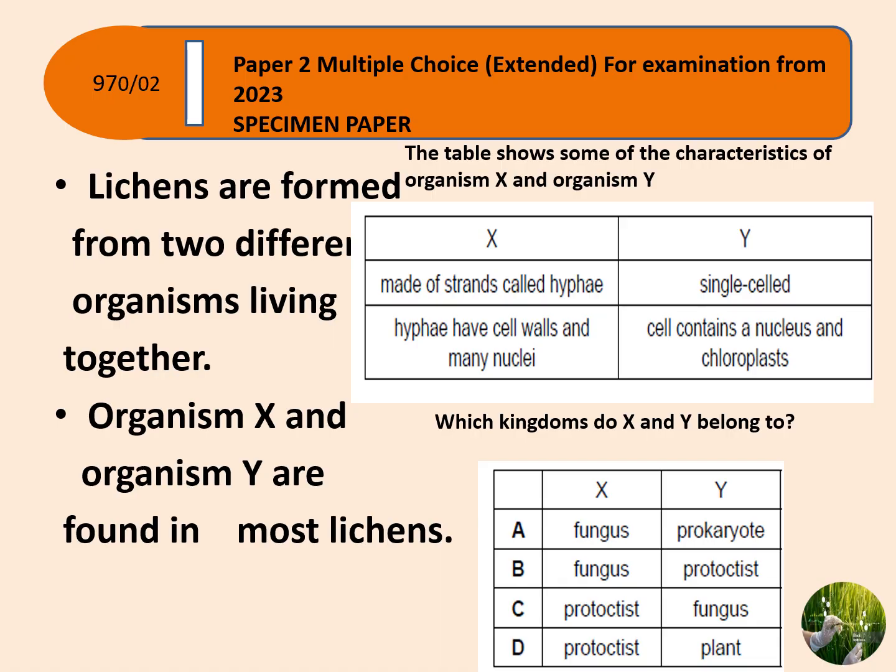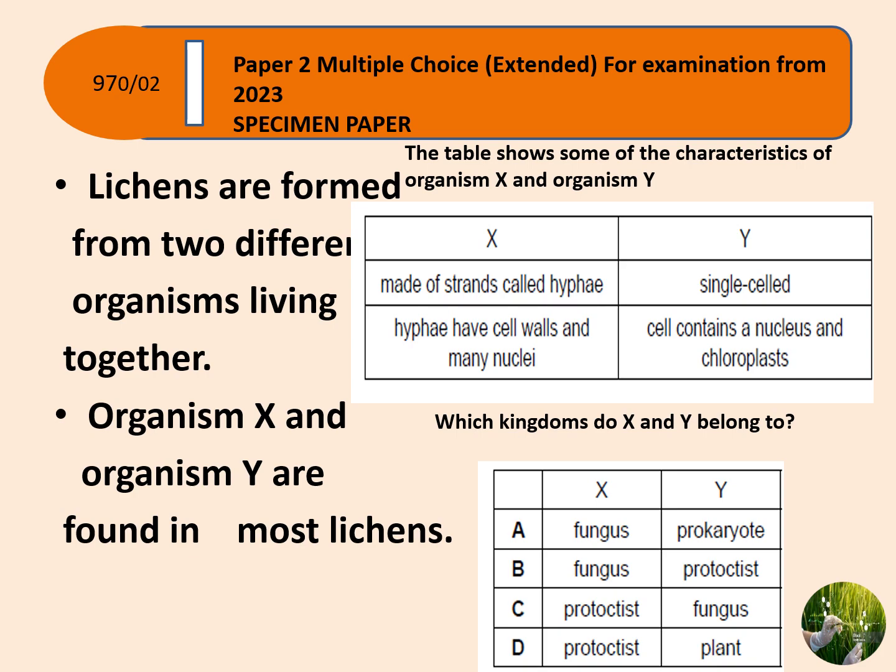They have a nucleus, and according to the table also a chloroplast, because they are photosynthesizing protoctists. So now you have to go to the second table and give the kingdoms of X and Y.